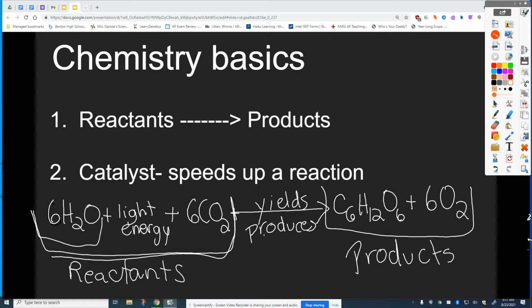Now, in living organisms, heat is never a catalyst. Heat doesn't speed up reactions in our body. We have biological catalysts, which speed up reactions in living organisms, and they are called enzymes.